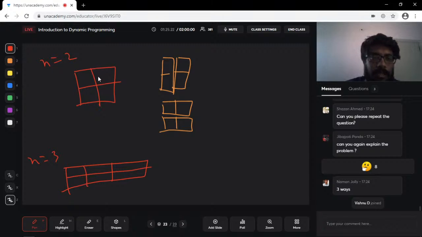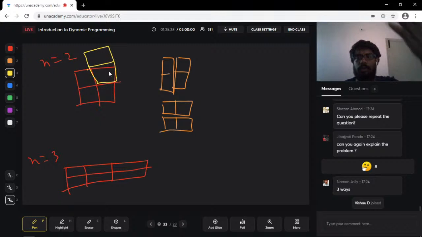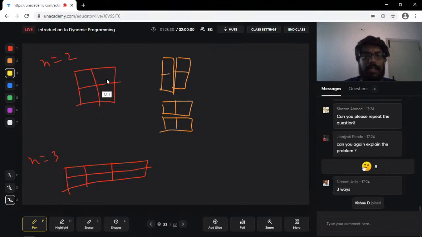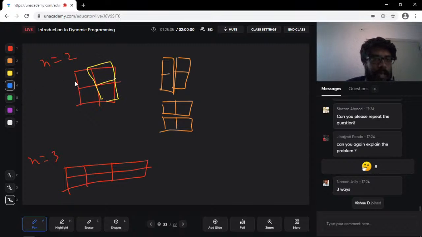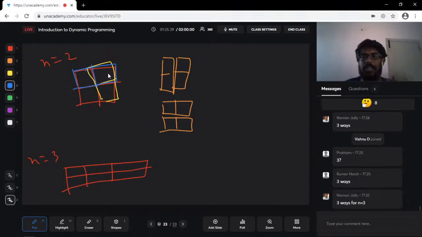So I can't place a tile like this because it's going out of the floor, right? And similarly, I can't place one tile like this and another tile like this, because these two tiles are overlapping. This is also not allowed.